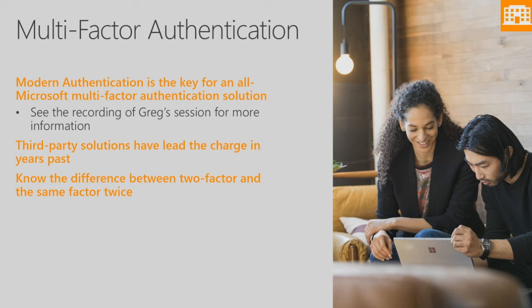But the brilliant part of this is apparently in an internal email, the IT department shared it as saying, hey, be aware of our new multi-factor authentication system with Exchange OA. And that's when I told my friend, that's not multi-factor authentication, that's the same factor twice. But it is important to know the different means, what constitutes a factor, what are the different means of achieving multi-factor authentication. And Office 365 has a lot of great options that Raji can talk about now.